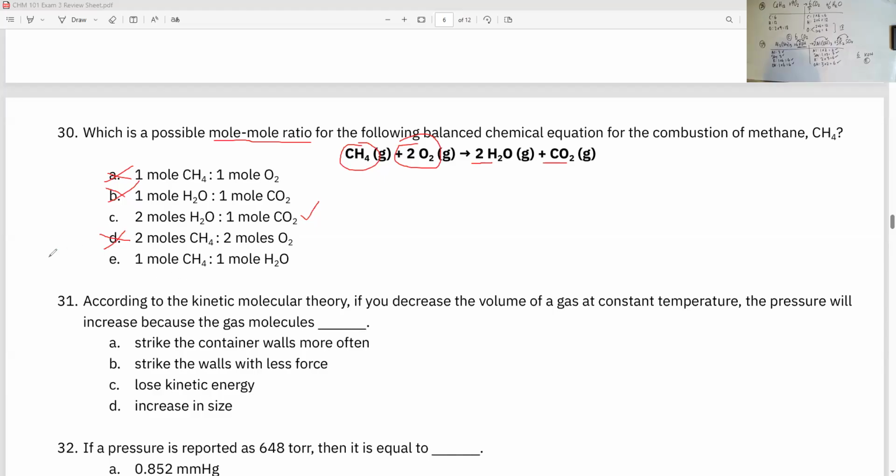Nope. And then choice E says 1 mole of CH4 for every 1 mole of H2O, and that one's no good either. Okay. So the only one there that makes sense in terms of our mole ratios for that one is going to be choice C.